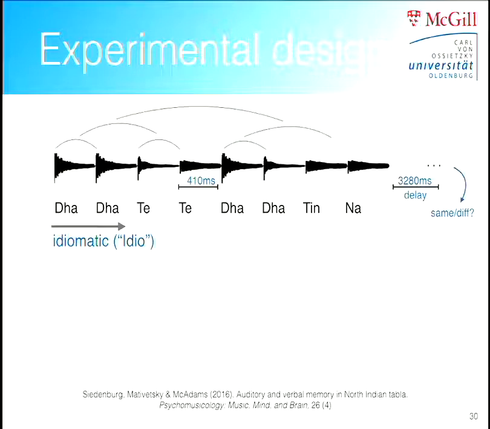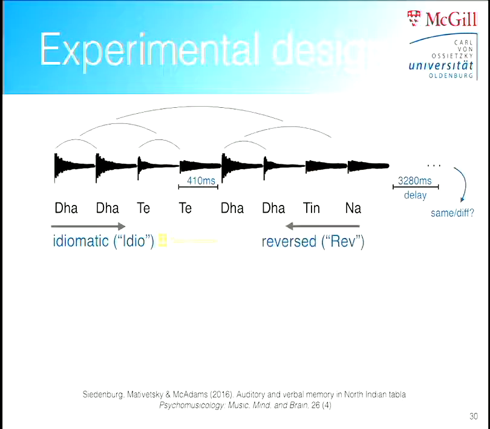And then the question was whether the order of the second sequence was different compared to the first sequence. So here you have an example trial. The order was, of course, different in the second version.